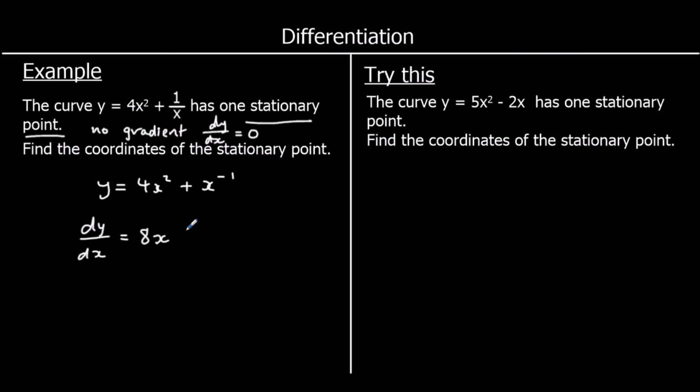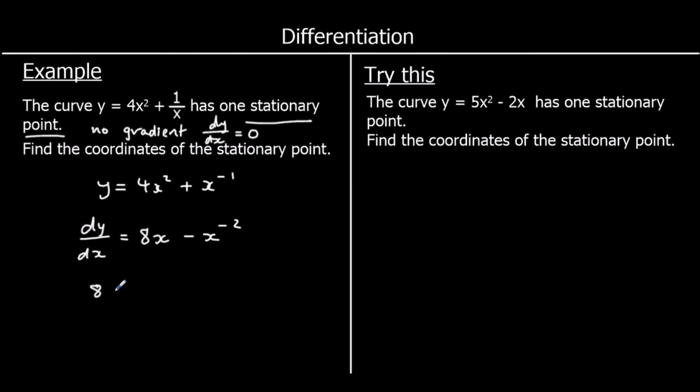So 8x. And for x to the power of negative 1, times by the power, which is negative 1x, or just negative x. Take 1 off the power. Negative 1 take away 1 is negative 2. So that's dy/dx.